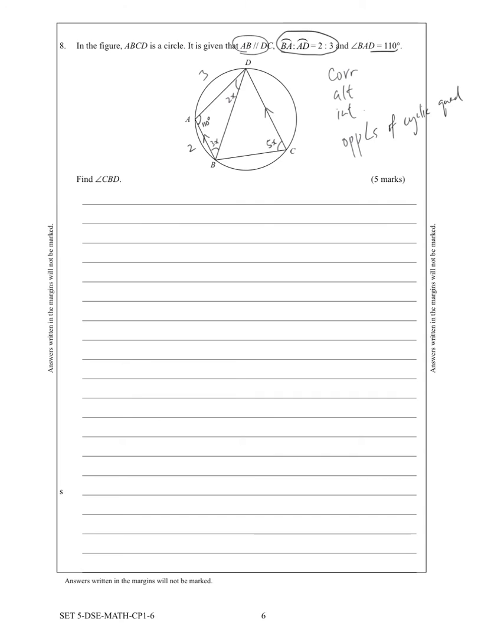In this case, let's assign angle ABD as 3x, and angle ADB as 2x. These are both because arcs are proportional to angles at the circumference.